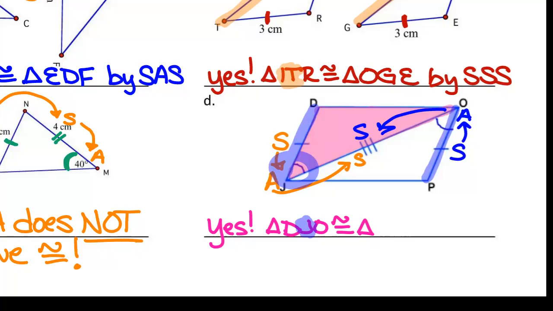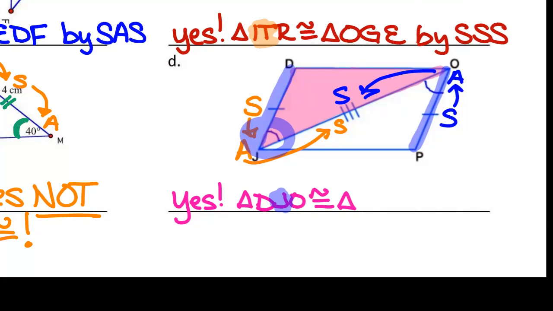So would I do OP or PO? Does it matter? It does matter. So this is either going to be OP or it's going to be PO. PO. We're doing that because O is marked with a congruence symbol right here. So they have to be in the same position.